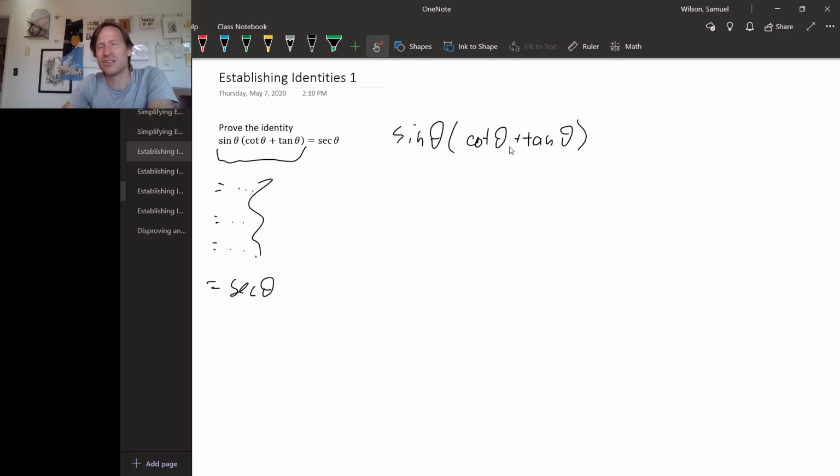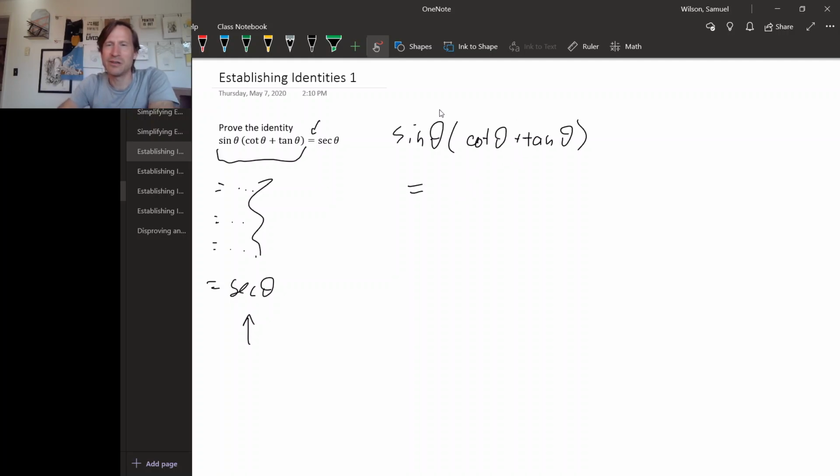The reason I chose the left-hand side is because it's more complicated. Usually it's easier to start with the more complicated side of your supposed identity and try to simplify it so that you end up with the right-hand side, rather than starting with the simpler side and trying to make it more complicated. That just seems kind of backwards. So let's start with this left-hand side and see if we can make it turn into secant theta.